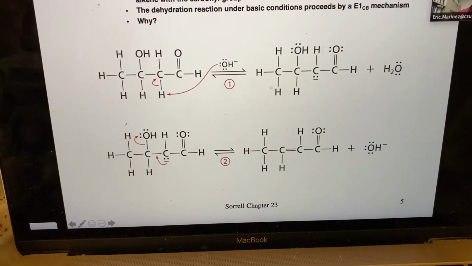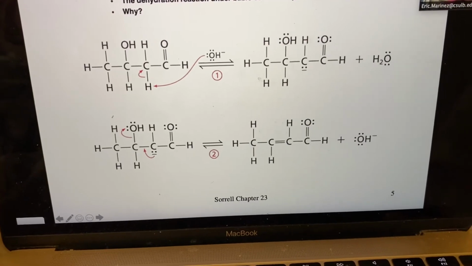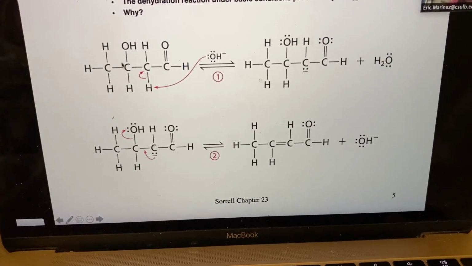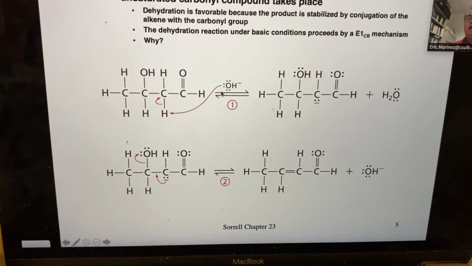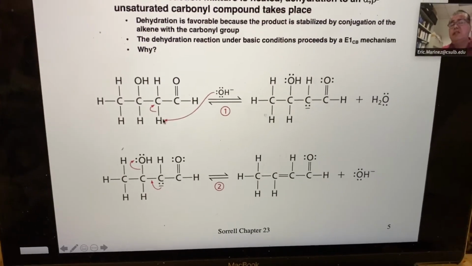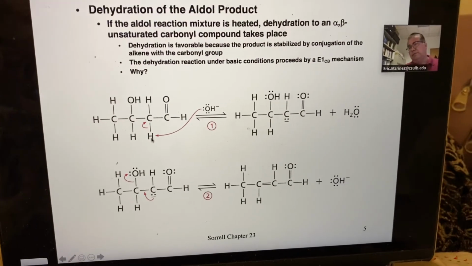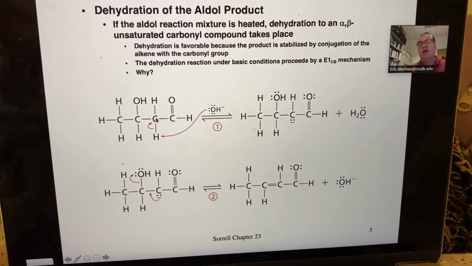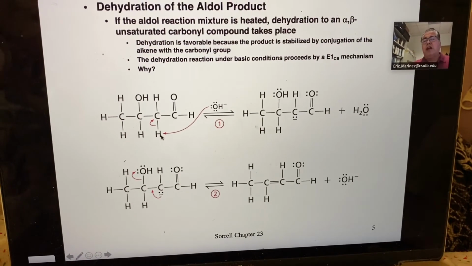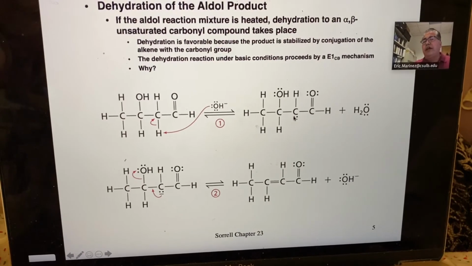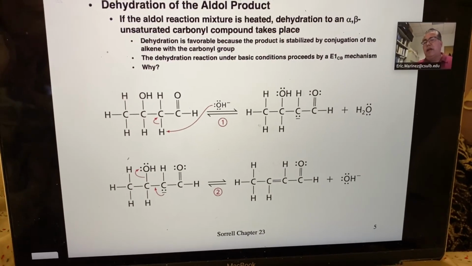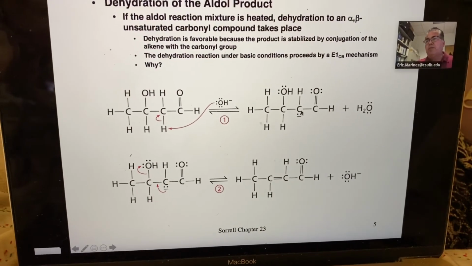It turns out the mechanism for this reaction is new. Okay, recognize that once I make this product here, hydroxide still finds that I have a relatively acidic alpha hydrogen, right? And so I'm going to abstract the alpha proton here to generate a new enolate. Okay? And the thing about enolates, they're stabilized by what?